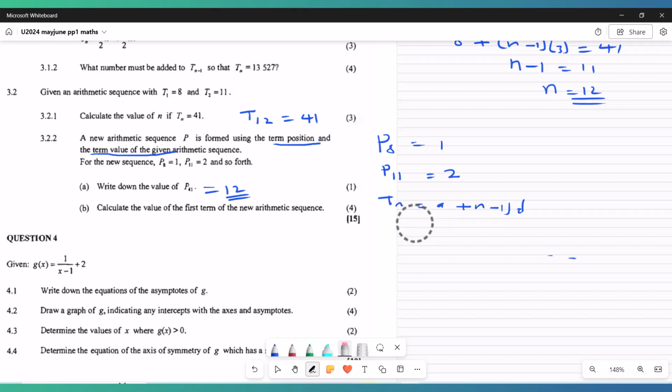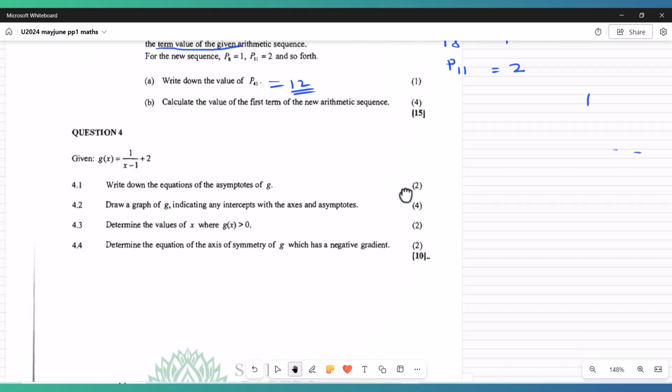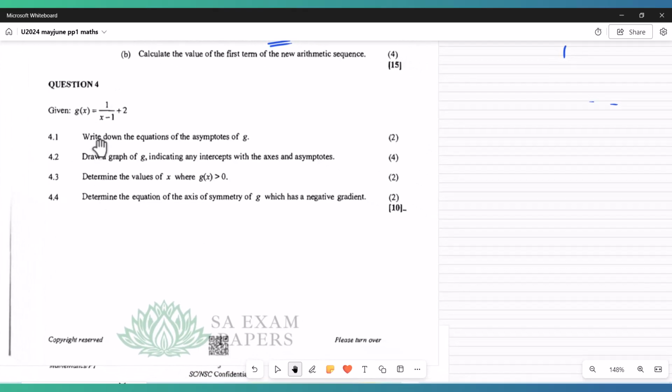Now question 4 says: given g of x equals 1 over (x minus 1) plus 2, write down the equation of the asymptotes of g, and they draw the graph.